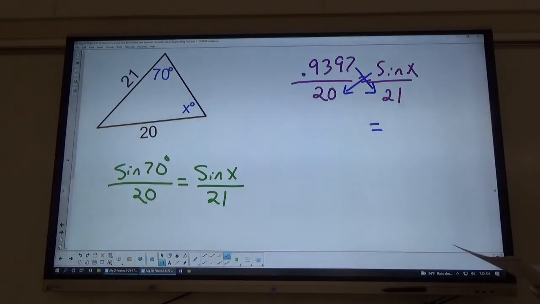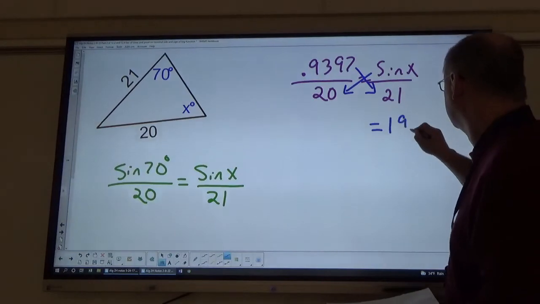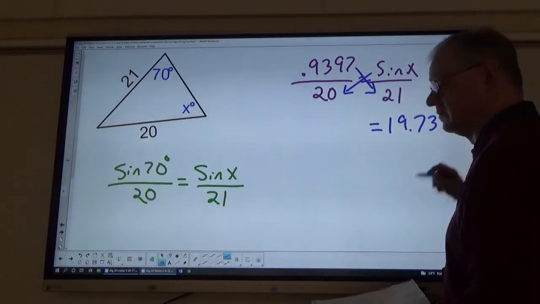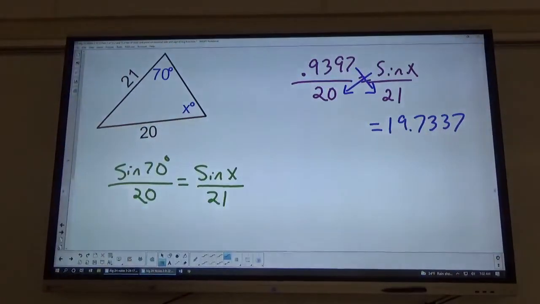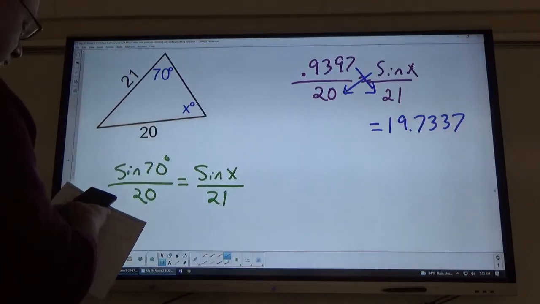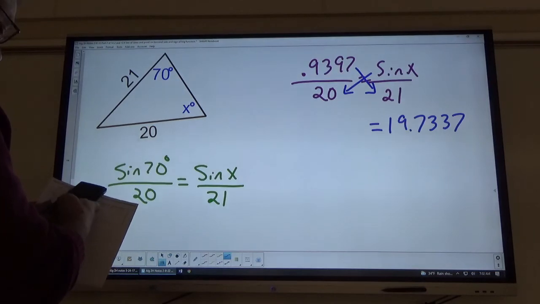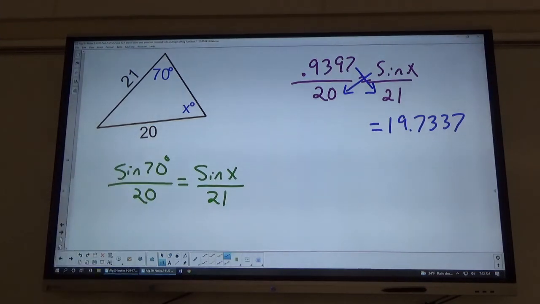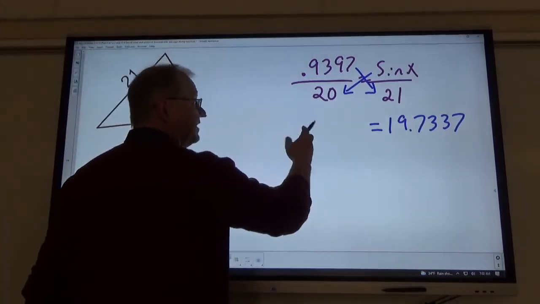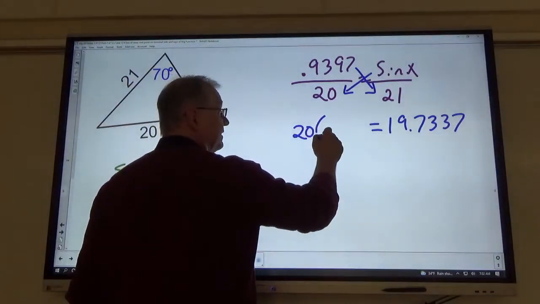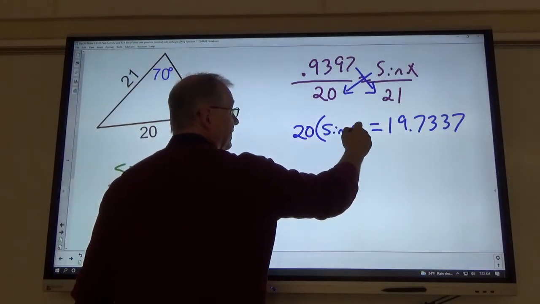To 19.7337. Just going to double check that on my calculator. 0.9397 times 21. Yep, all right. And that's going to equal 20 times the sine of x.